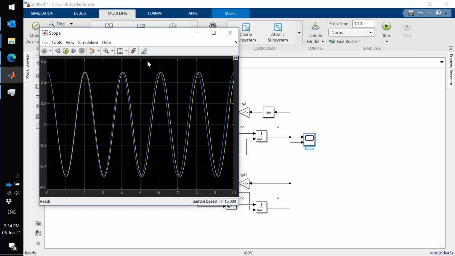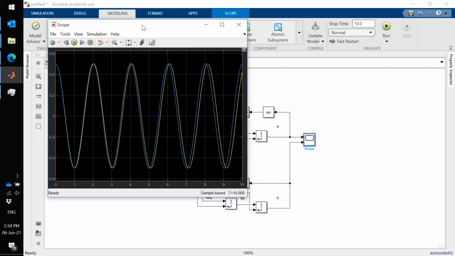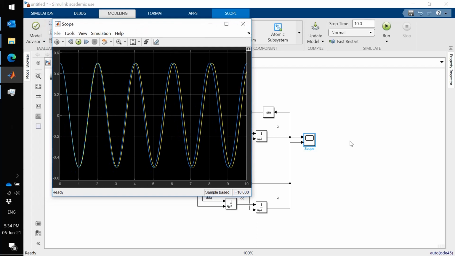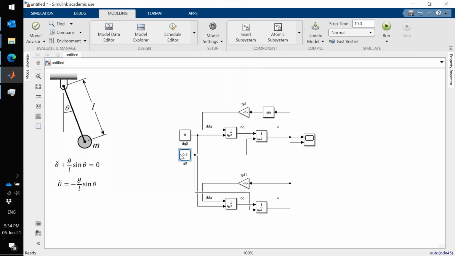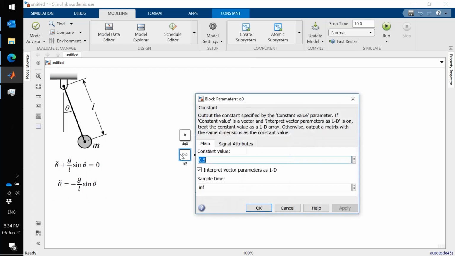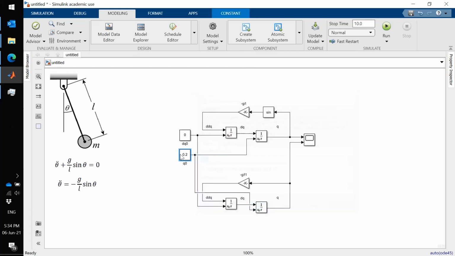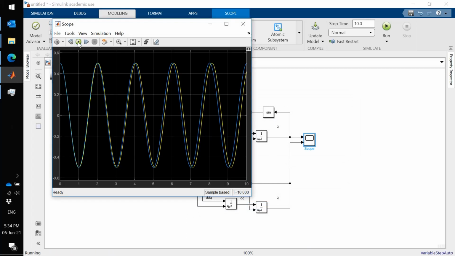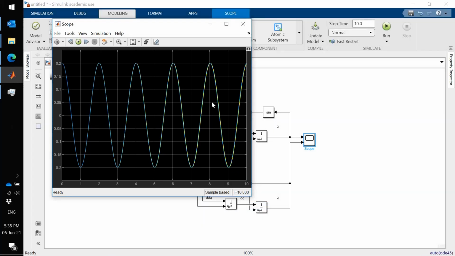So that proves that if I want to use a linear approximation, I have to make sure that the range of values of the angle theta, which I'm working with, is limited to small numbers, usually up to 0.2 radians. The difference is negligible. Here's 0.2. There's hardly any difference in the frequency between the linear and nonlinear models.